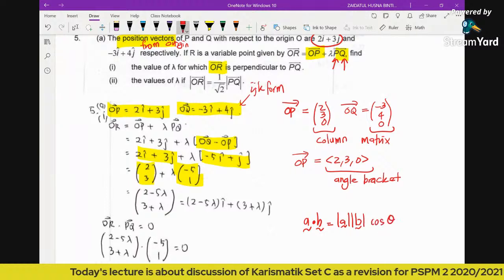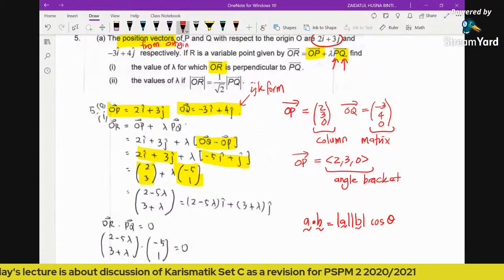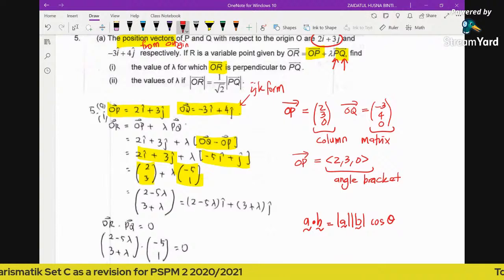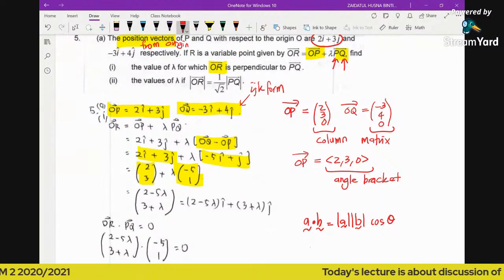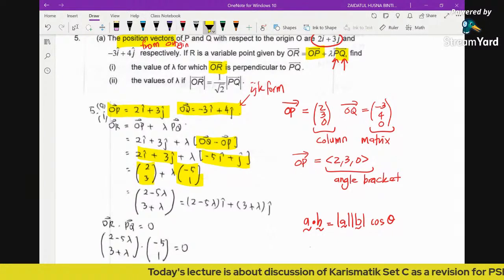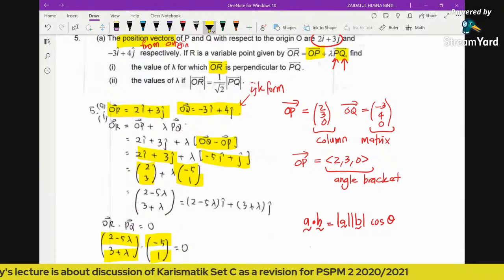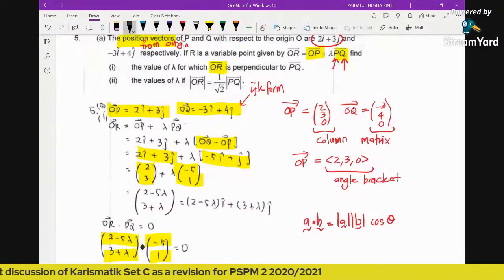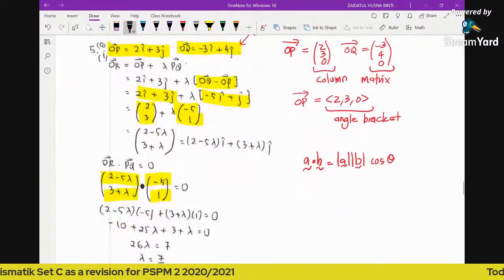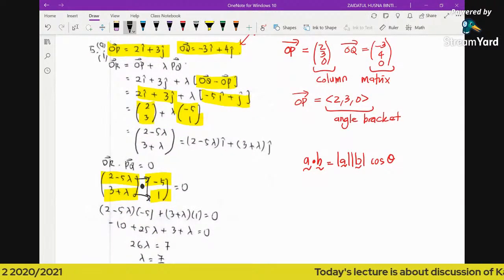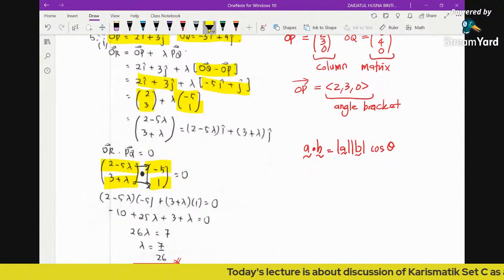If two vectors are perpendicular, the angle is 90, and cos 90 is 0. That's why you just use the dot product. By this time, you should know how to perform the dot product between two vectors. You multiply these two, add the product of these two, equate to 0, then eventually get the value of lambda.